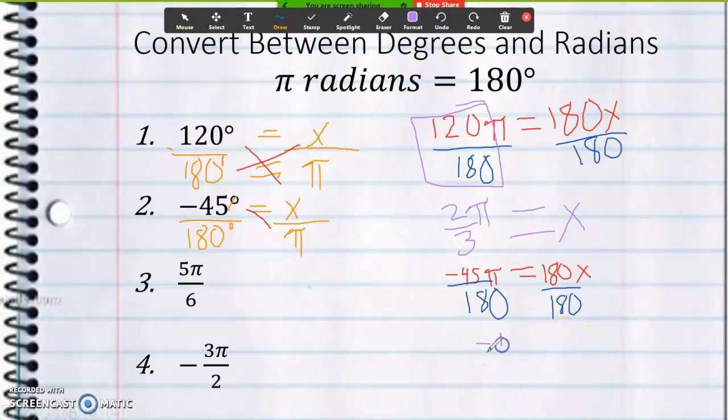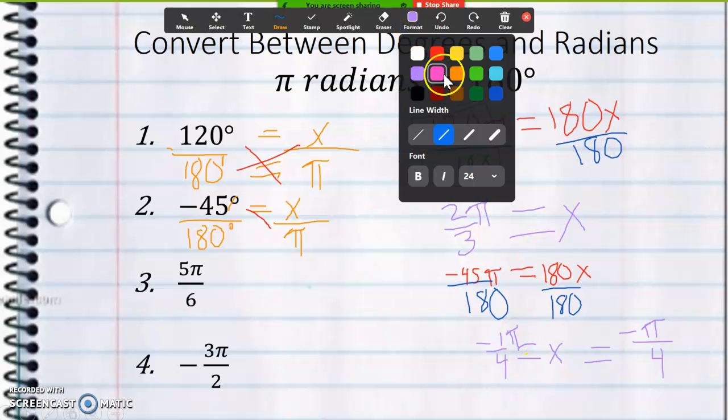So negative 1/4 equals x. Don't forget your pi like I almost did. So negative 1 times pi can just be negative pi over 4. You don't need the 1 on the numerator. Okay?